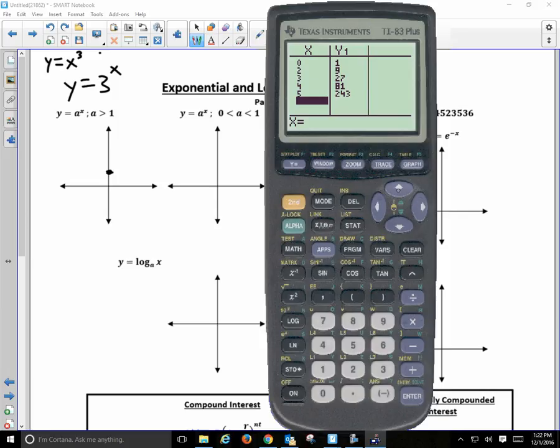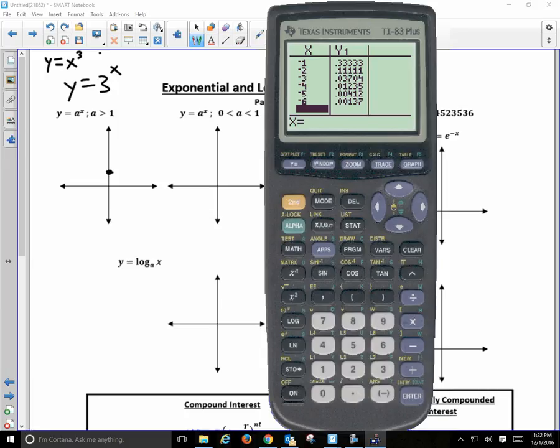Let's watch what happens as the x values get smaller: -1, -2, -3, -4, -5, -6. What is 3 to the -1 power? What does that mean? It's 1/3. You flip it, right? And 3 to the -2 power is 1 over 3 squared, or 1/9.